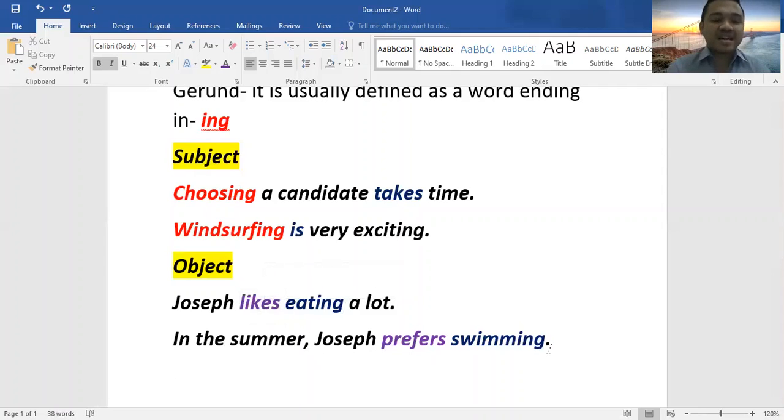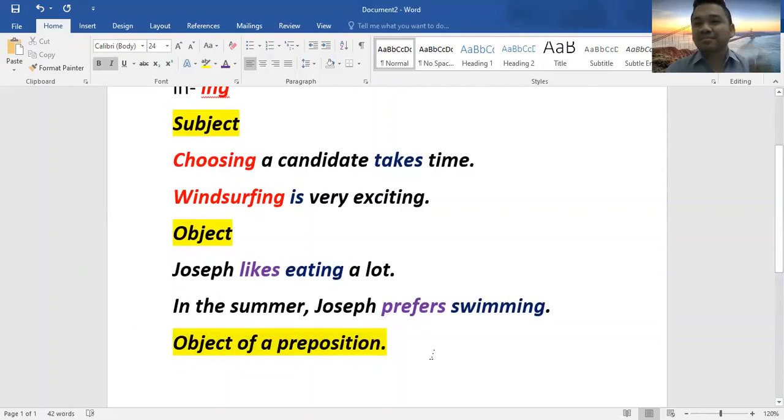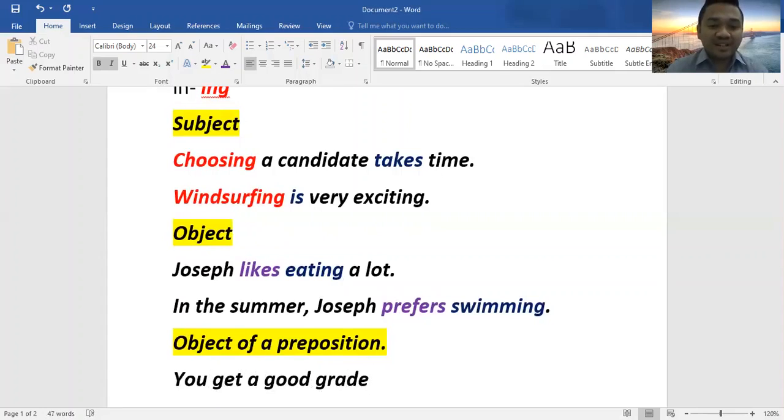Now, the last one is that a gerund can also be an object of a preposition. Again, object of a preposition. So prepositions like in, at, by: these take objects of a preposition. So for example, you get a good grade by studying a lot.